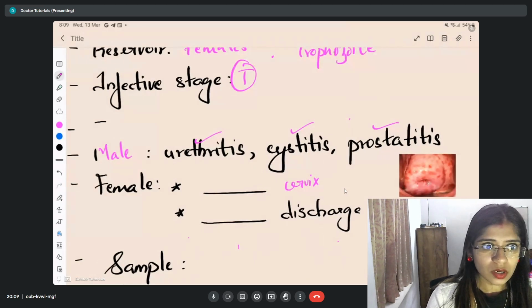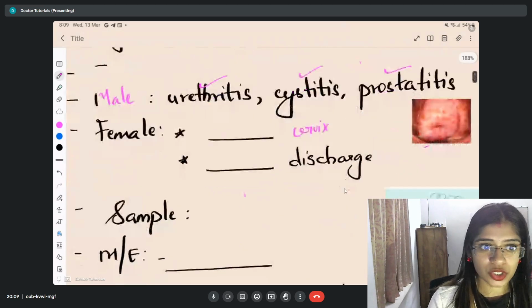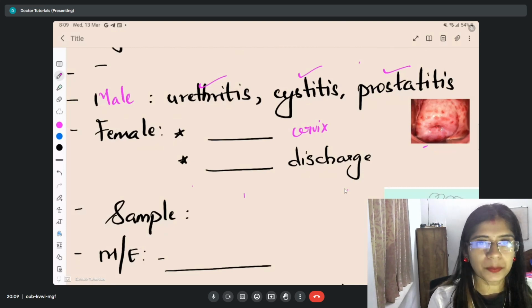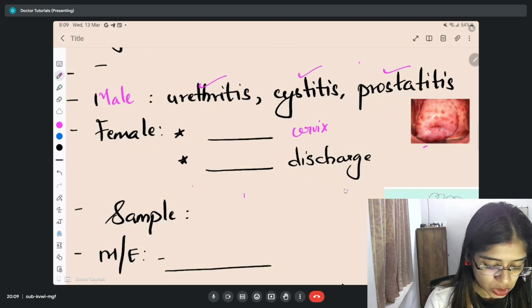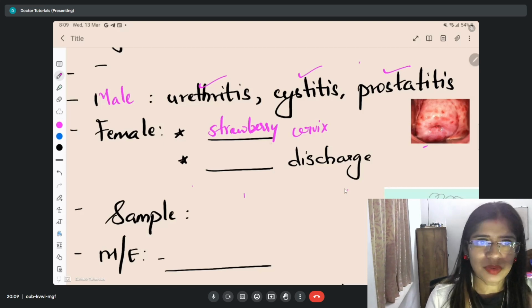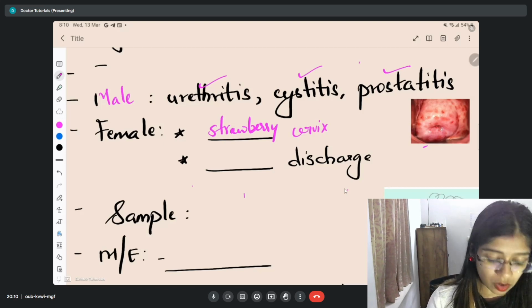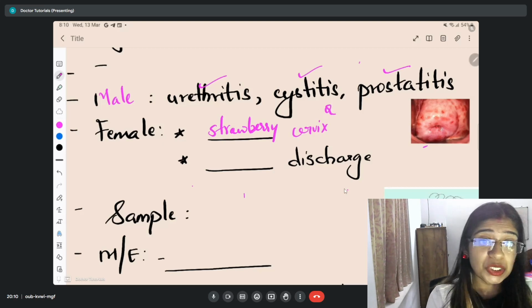Now, in females, this is what's very important. Trichomonas vaginalis gives a specific appearance to the cervix called strawberry cervix. Okay, see guys, my camera is a little off, so I don't know if it's fully capturing it. Anyways, I'm recording this. So in females, very important question, it gives the appearance called strawberry cervix.